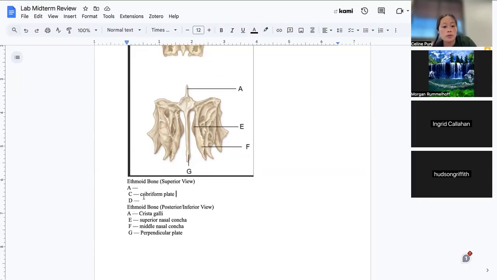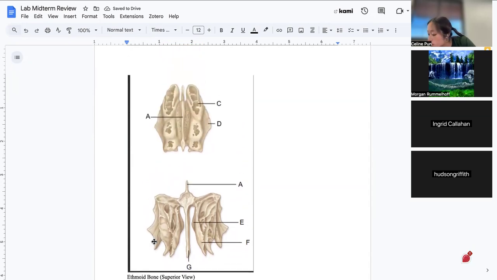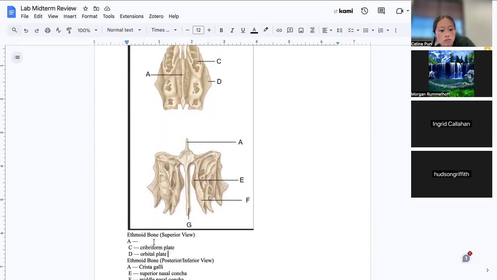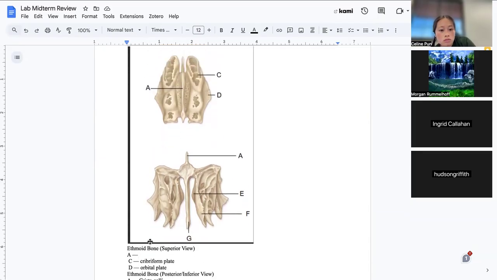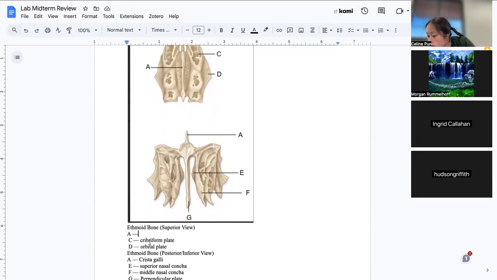Yeah, D is the orbital plate. And A, since it's the superior view, you're looking from on top, this should also be the crista galli.